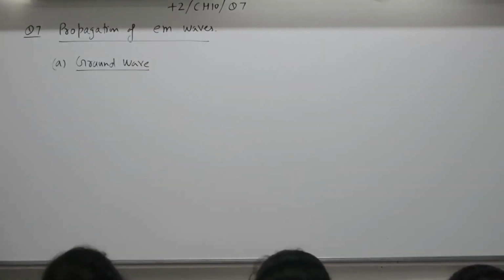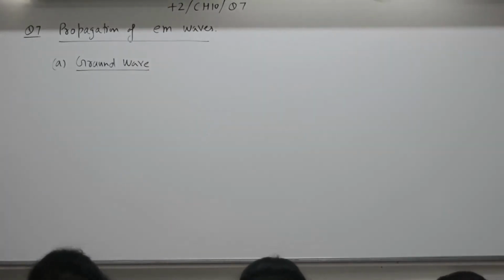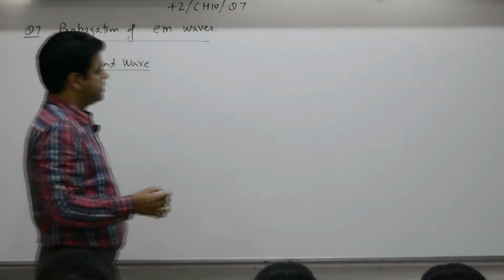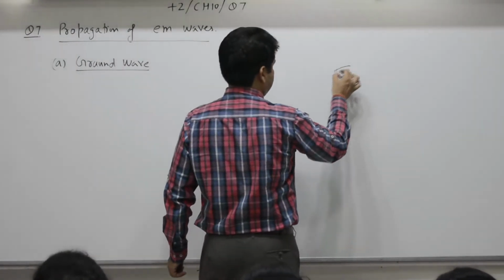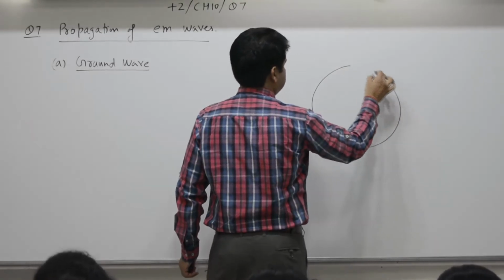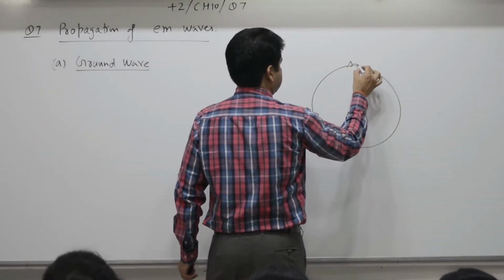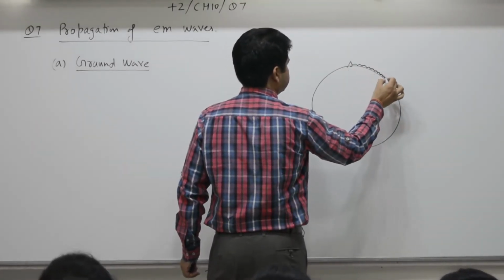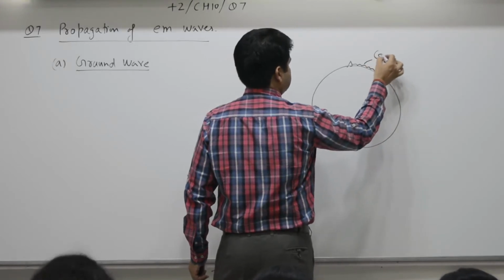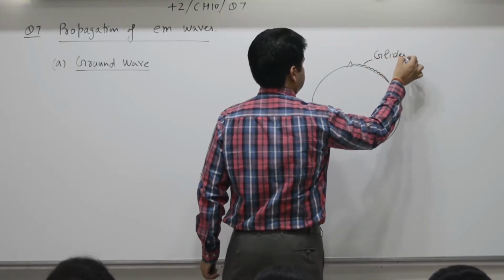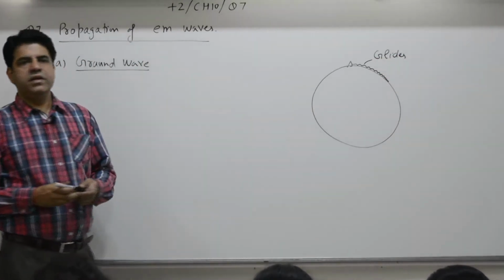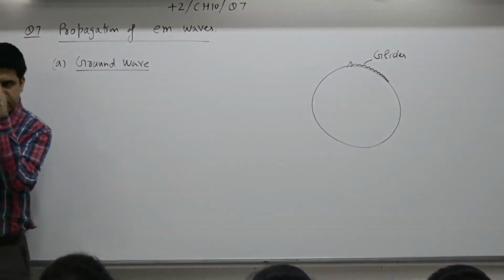Ground wave communication is what? Ground wave communication is, on Earth, the signal glides over the surface. The wave glides and follows the curvature of Earth.